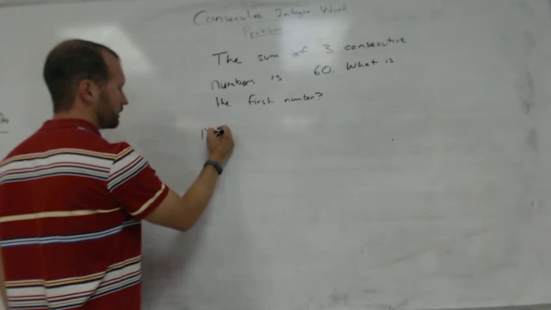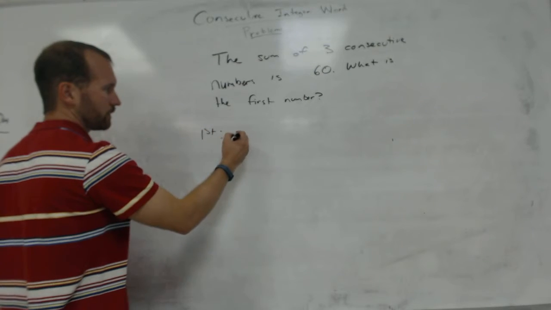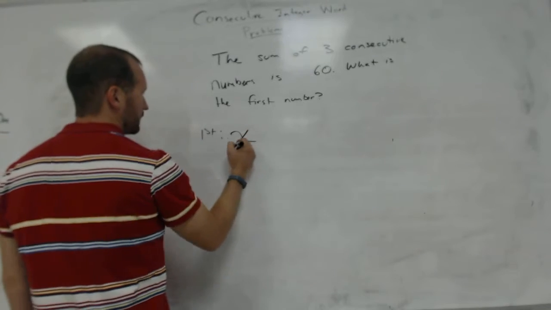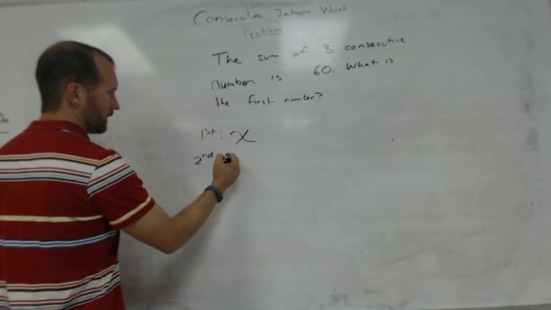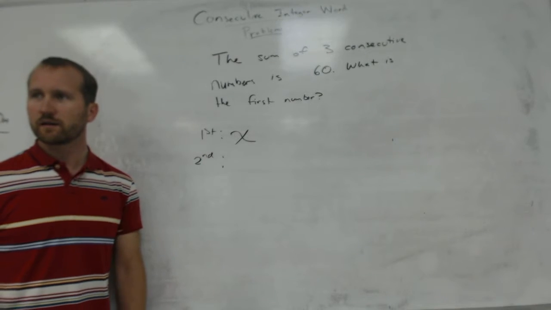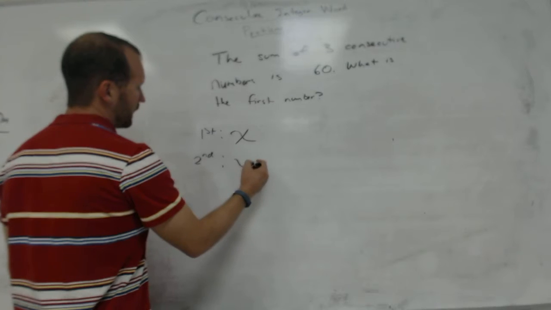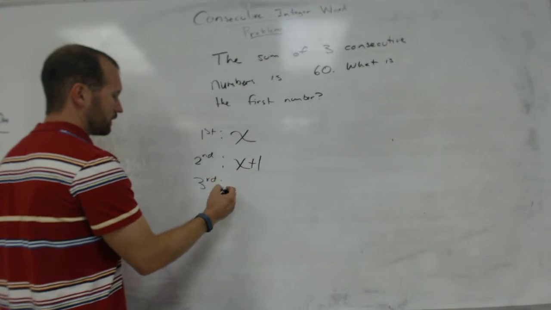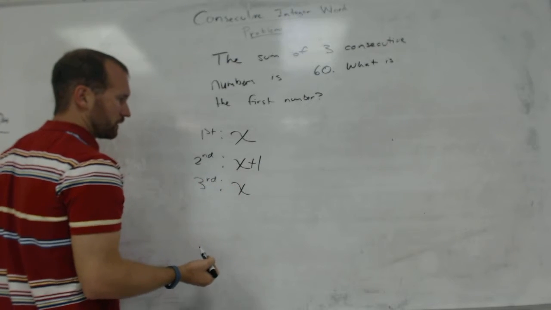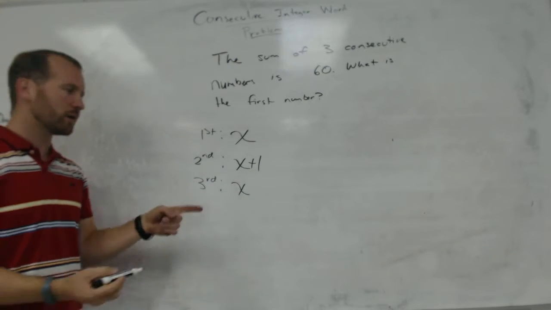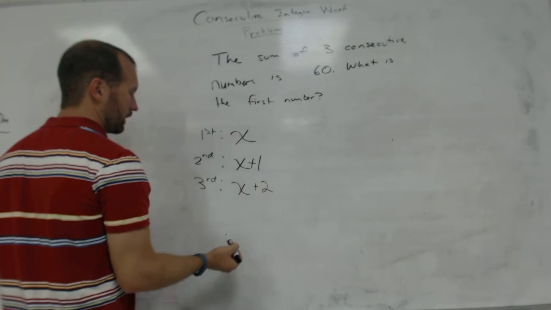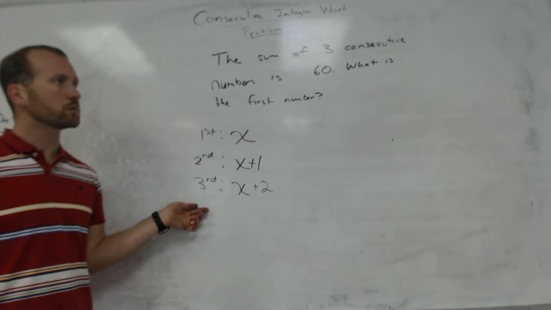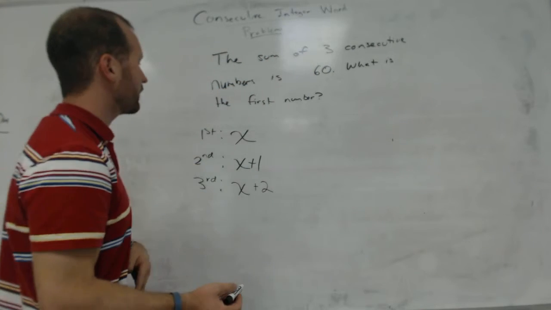First number is x. Second number is x plus 1, the number after x. Third number is x plus 2. Fourth number? Do I need a fourth number? No, because they asked me for the sum of 3 consecutive numbers.